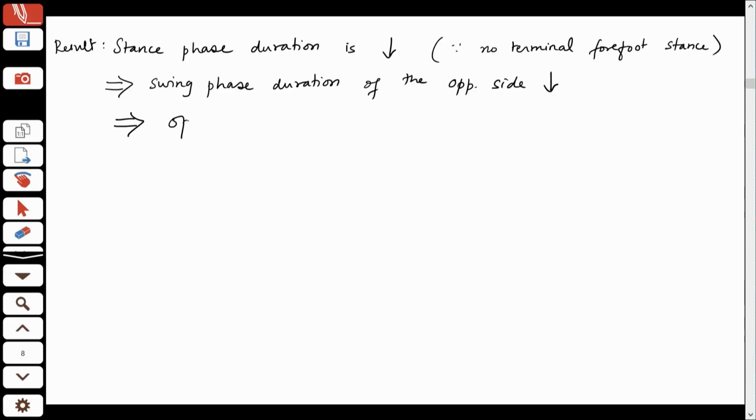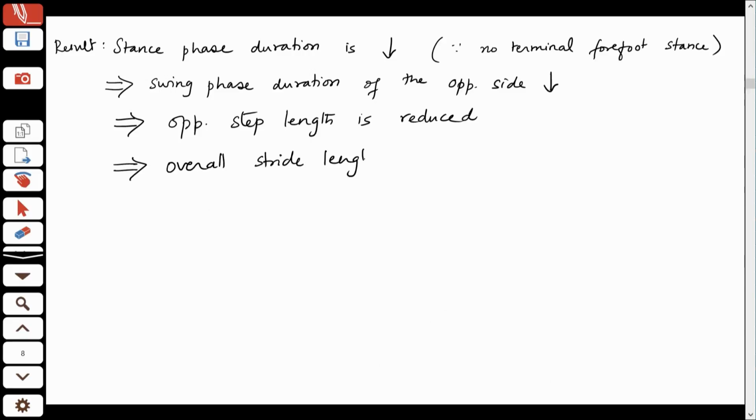Therefore, the contralateral step length is reduced, and because of this the overall stride length is also reduced.